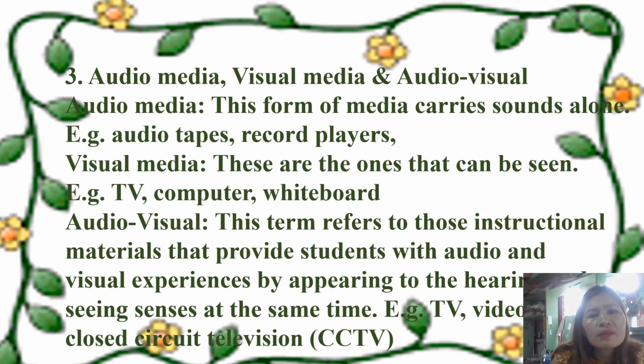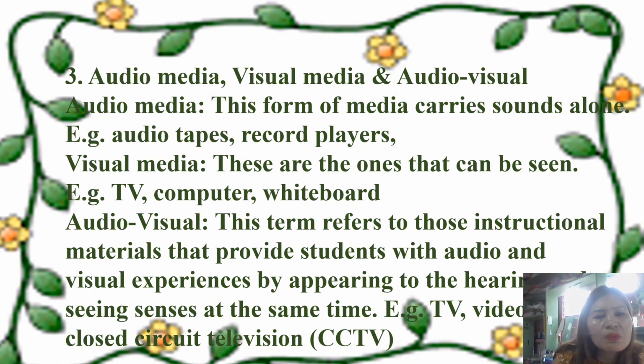Audio media, visual media, and audiovisual. Let us compare the three. It is under electronic media. Audio media, this form of media carries sounds alone. Example, audio tapes, record players. While visual media, these are the ones that can be seen.